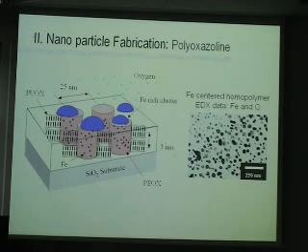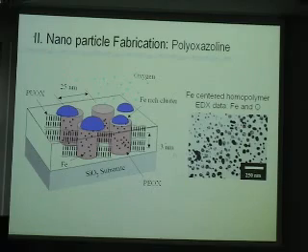But this one is using the homopolymer. This is not a block polymer. We just use the homopolymer with the ion center. As you can see, the size distribution of the nanoparticles is not narrow enough.